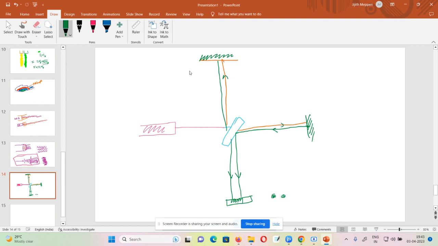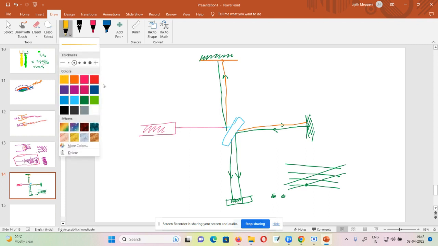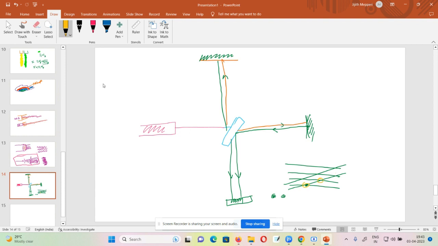If you want interference fringes, you have to tilt this mirror slightly, so that there is interference between two wavefronts. Wherever constructive interference is happening, you will get a bright spot, and where destructive interference happens, a dark spot. So in this case you will get a nice fringe pattern.